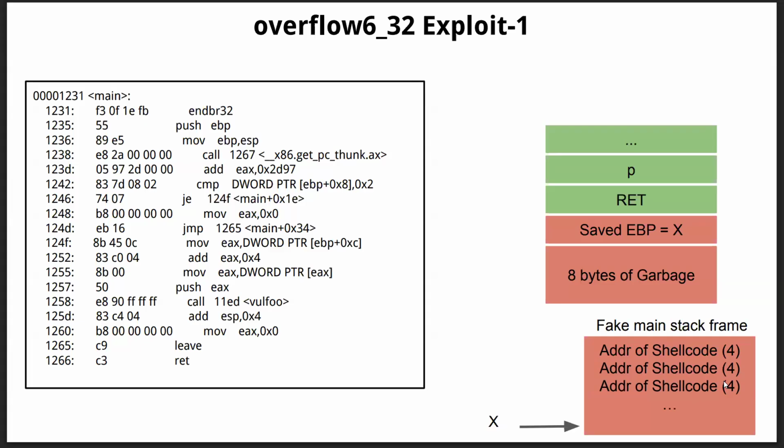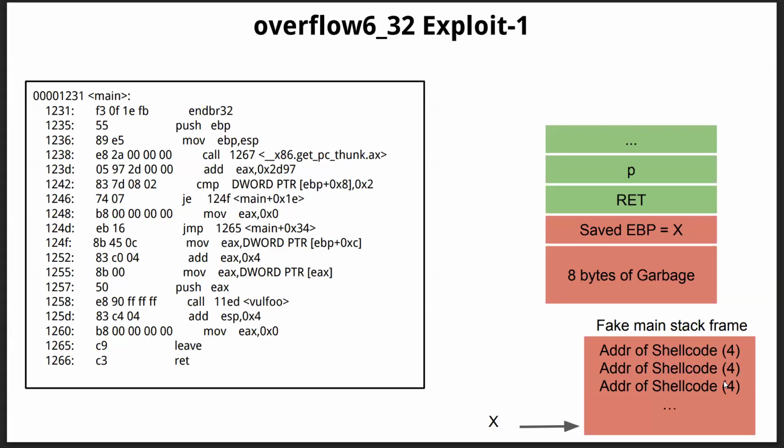We just spray that huge chunk of memory with the address of shellcode. So whatever X points to, that 4 bytes will not be used. But the next 4 bytes will be used as the address of shellcode, right? So we don't need to know exactly where X points to. Make sense?